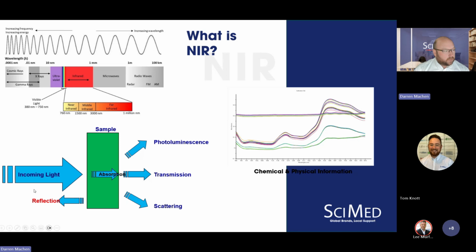But what we're really interested in is information that is reflected back. Because in the near infrared range, you get these fingerprints, which are common to different chemical compounds, but you also get some physical information, i.e. if it's the same chemical compound, you get a shift in the baseline, which gives us some physical information that might be useful. And we can use that later on in building calibrations.